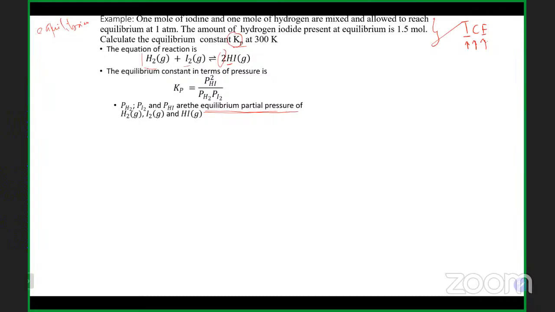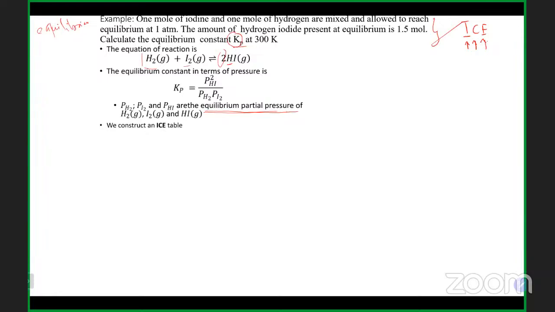However, we're given 1 mole and 1 mole, that is initial concentrations. Okay, so we construct what we call the ICE table. ICE again means initial concentration or initial amount. Change, C, means change in amount, so that's the change observed to reach equilibrium.